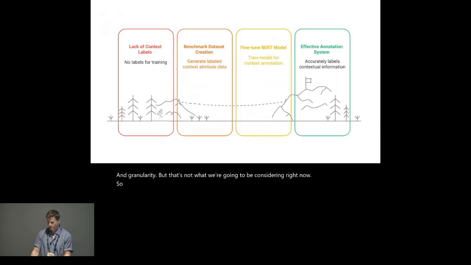So we set out on a journey to address this gap by first creating a benchmark data set that has context attribute labels, and then training a model that's capable of determining the context attribute of a tagged entity.